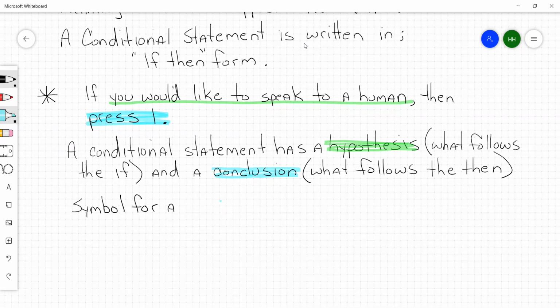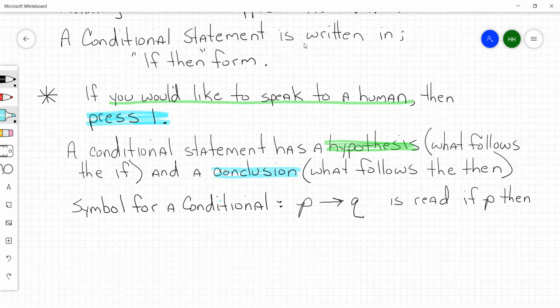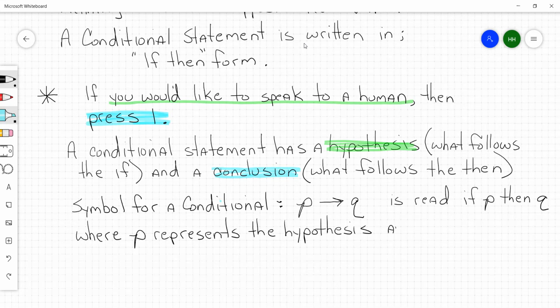Symbol for a conditional: P arrow Q. And it's read, if P, then Q, where P represents the hypothesis and Q the conclusion.